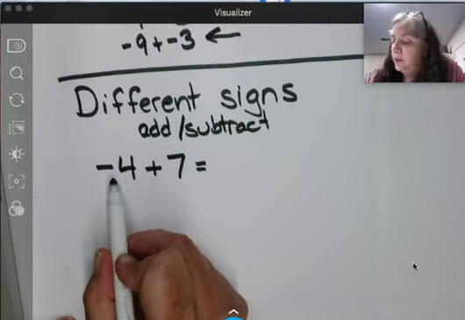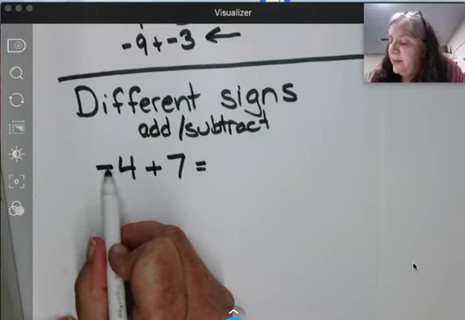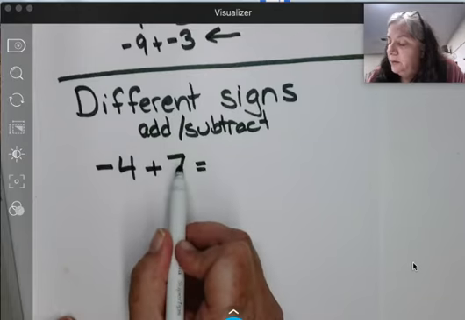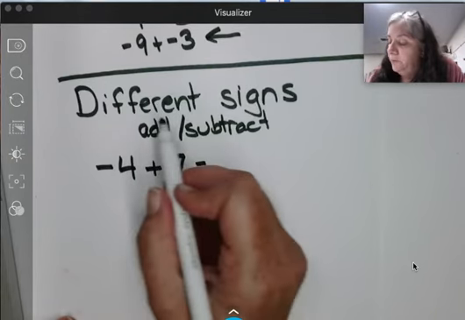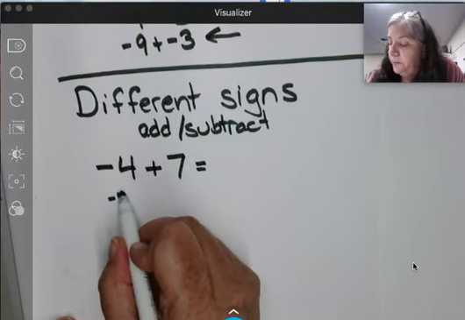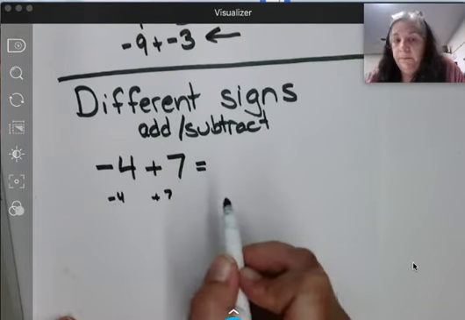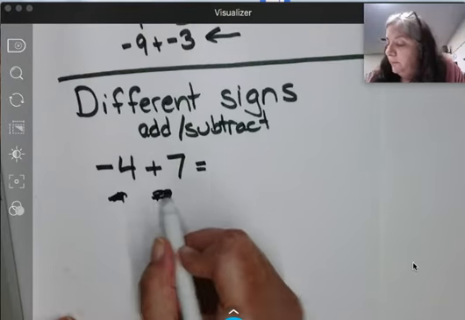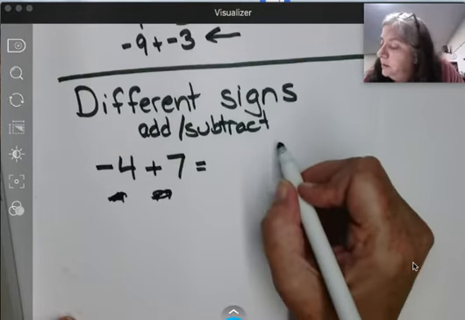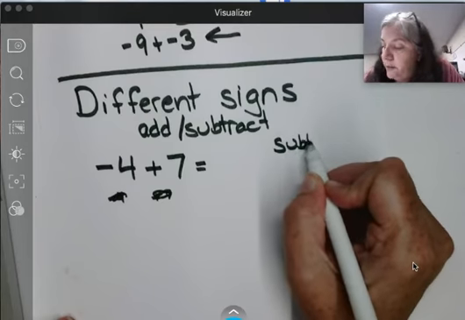These are different signs. The 4 has a negative on the left. The 7 has a positive on the left. So to me, these are different signs because I have a negative 4 and I have a positive 7. So the rule for different signs is you subtract. Doesn't matter what it says.